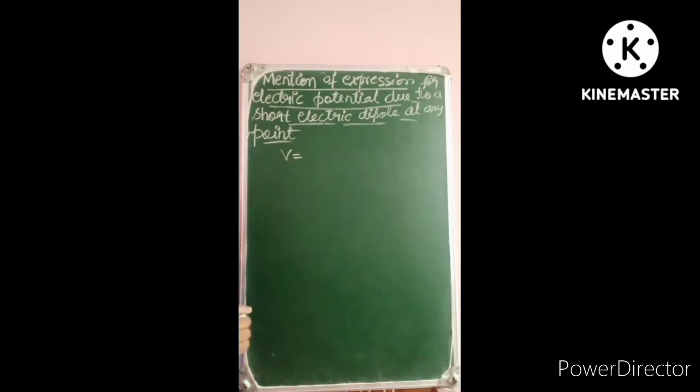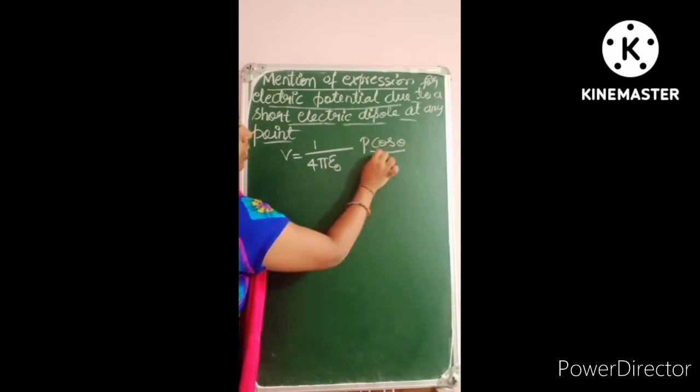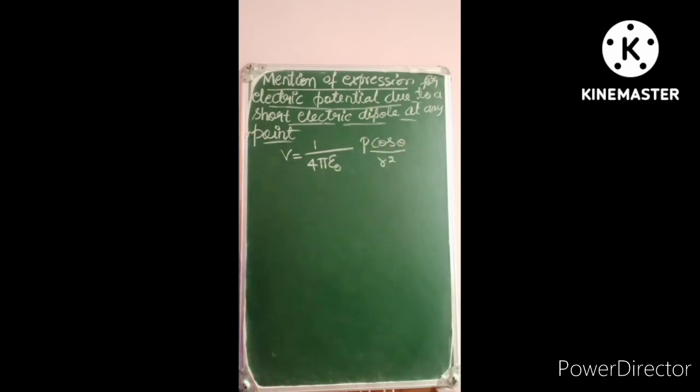V is equal to 1 by 4 pi epsilon naught into p cos theta divided by r square, right? Where p, as you studied in the first chapter, is equal to 2aq, that is nothing but the electric dipole moment.